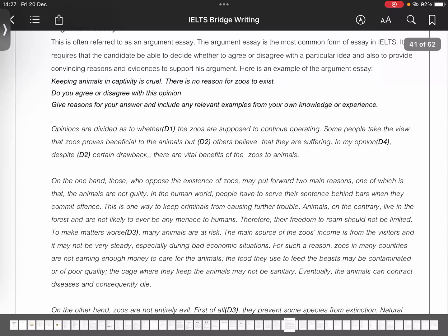Okay, so the examiners want to know your opinion. Okay, now if you go back to the question, it's asked if you agree or disagree. But how come he didn't say whether he agrees or disagrees? Right? You don't see any word that says he agrees or disagrees, right?